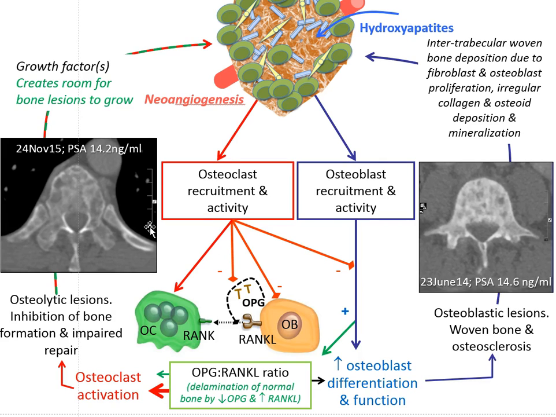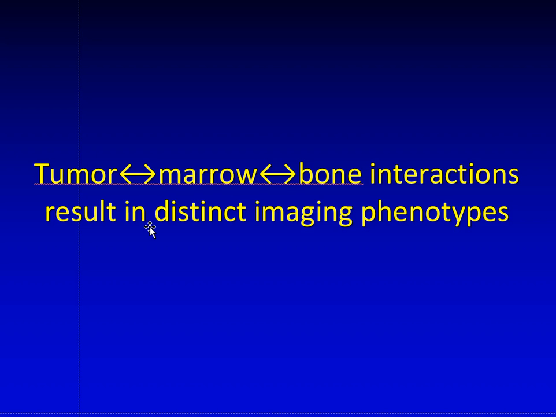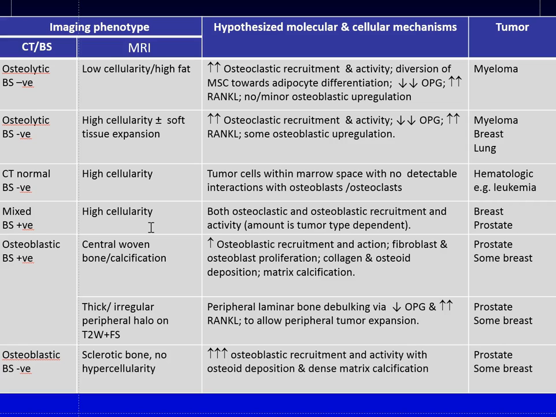And it is these interactions between the tumor, the marrow cells, and the bone mesenchymal cells that result in these distinct imaging phenotypes that we have previously described, but which I have outlined here in a little more detail.